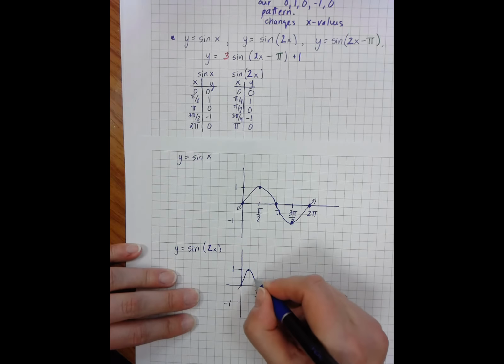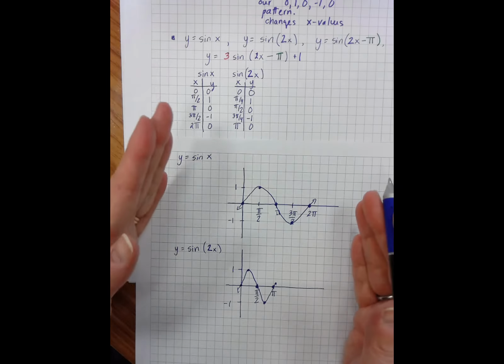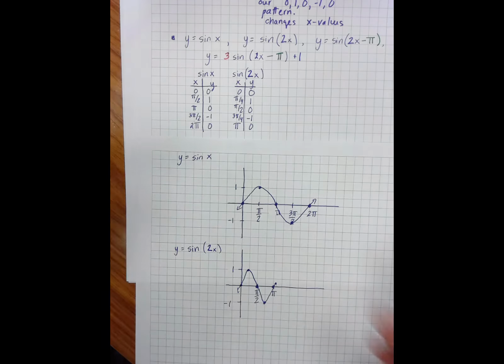So I've taken this function and actually smushed it horizontally. It's a dilation. It's smushed in.